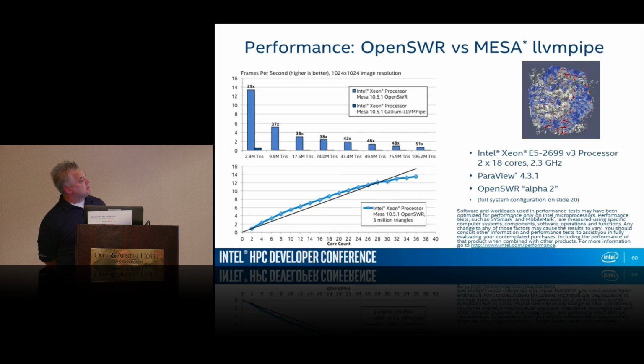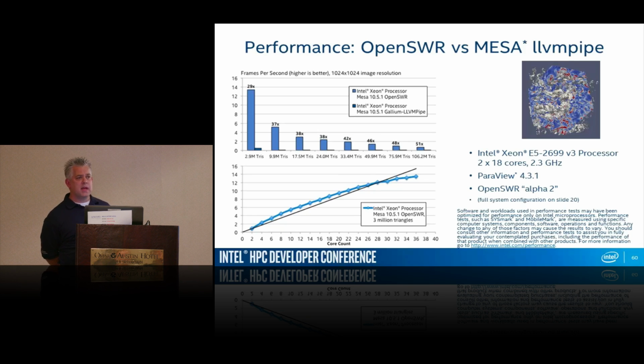In the case of the 3 million triangle workload, we're actually 29 times as fast as the LLVM pipe. And then as we scale the number of triangles up, in the 106 million triangle scene, we're 51 times faster than the LLVM pipe.